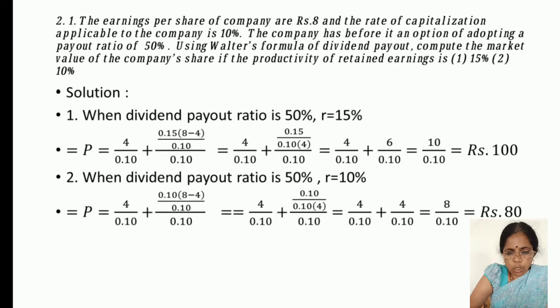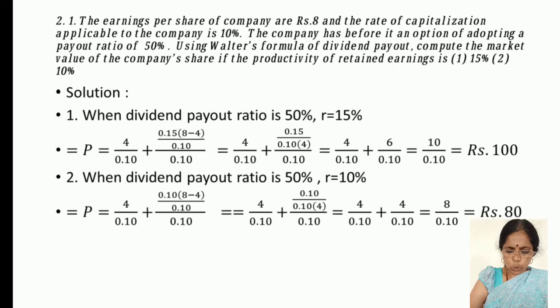Substituting R at 10% and earnings of 8 rupees per share minus dividend 2 rupees divided by 10%, it is equal to 2 divided by 0.10 plus 0.10 into 6 divided by 0.10, which is equal to 2 divided by 0.10 plus 6 by 0.10, which is equal to 8 divided by 0.10, which is equal to rupees 80. This is in the case of payout ratio 25%, R is 10%.